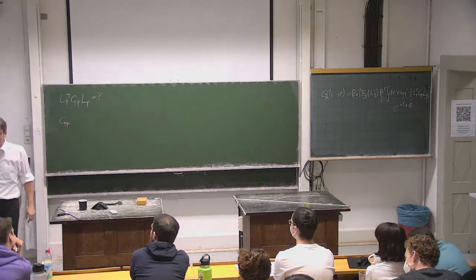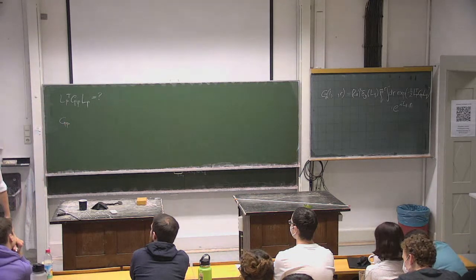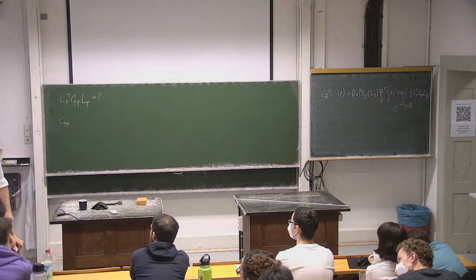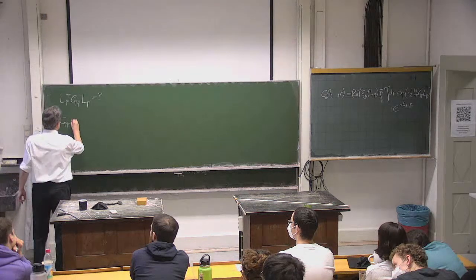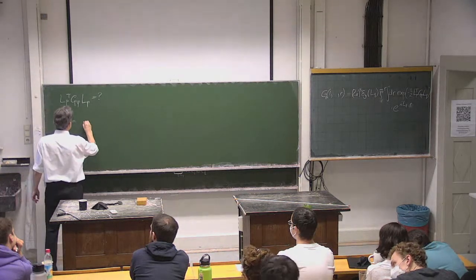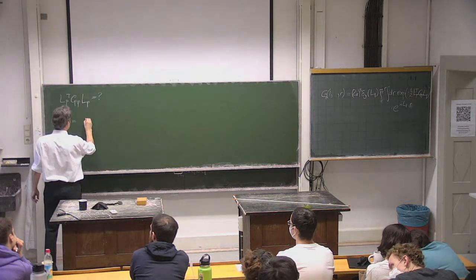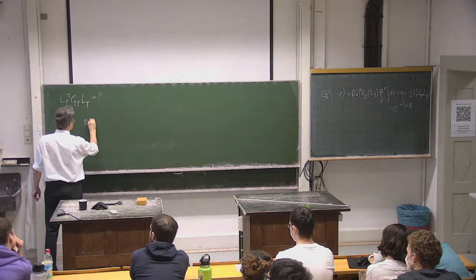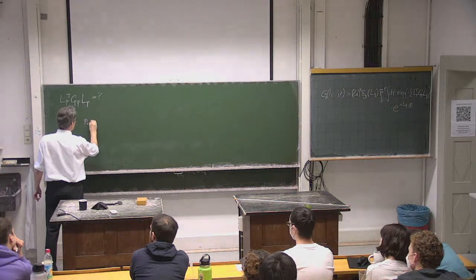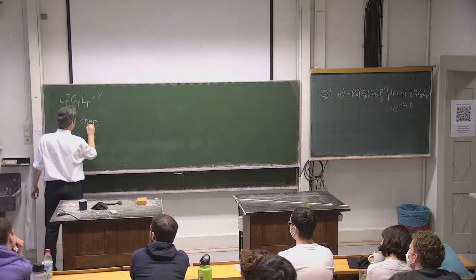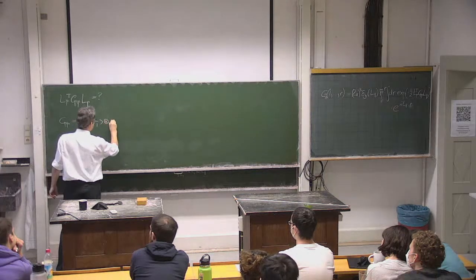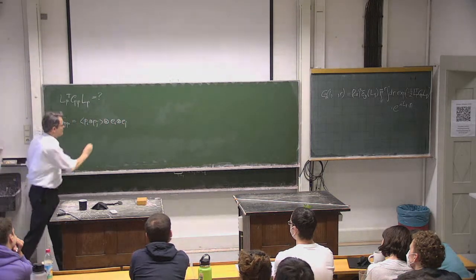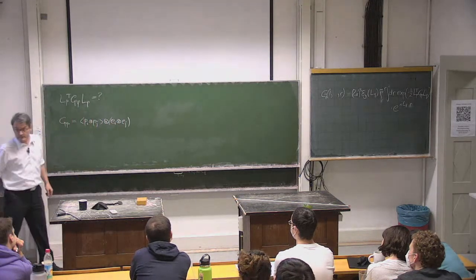CPP is a structure that contains all the correlation matrices, the covariance matrices of all the momenta. What was that like? Well, that would be this beautiful thing.